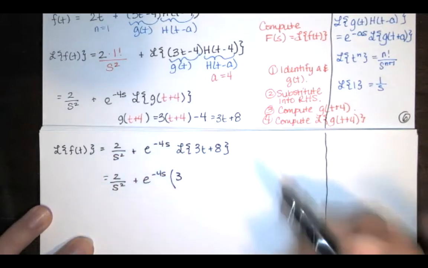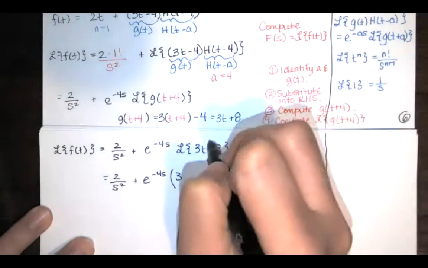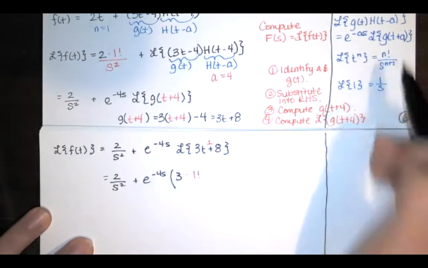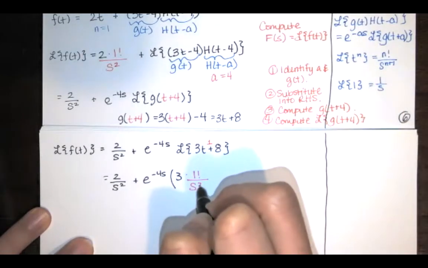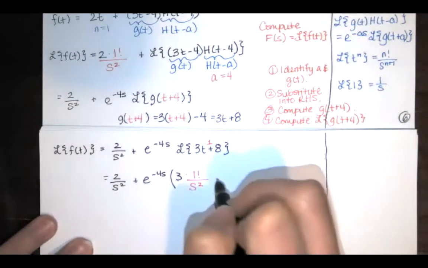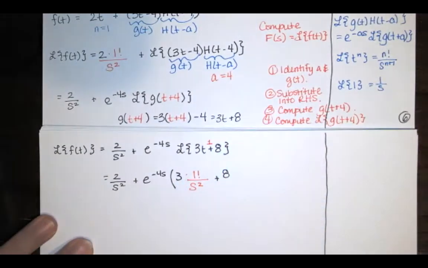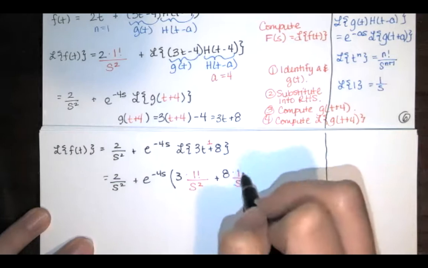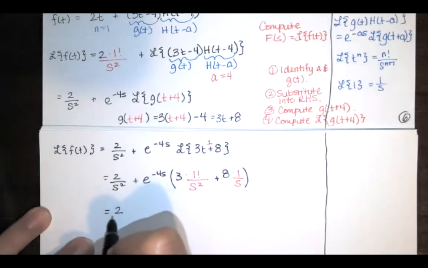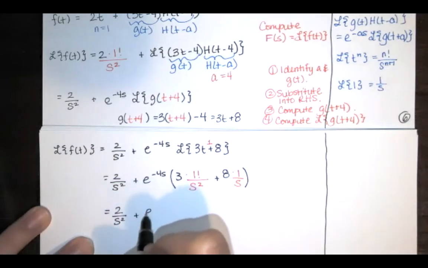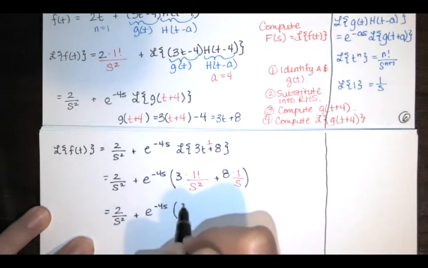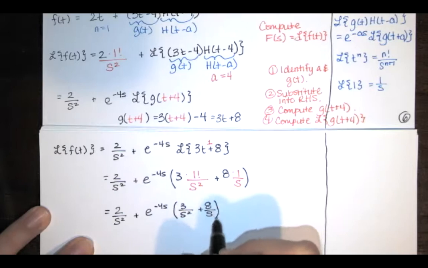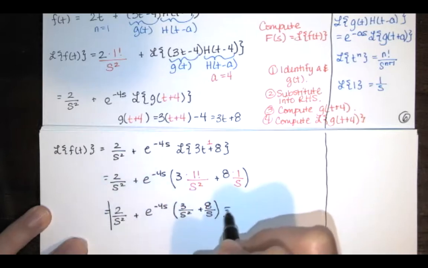Bring the 3 down. There's an implied 1 here. So we'll have, according to this rule, 1 factorial over s to the 1 plus 1, so that's s squared, plus 8 times the Laplace transform of 1, which is 1 over s. And I would simplify. And we have this for our F of s.